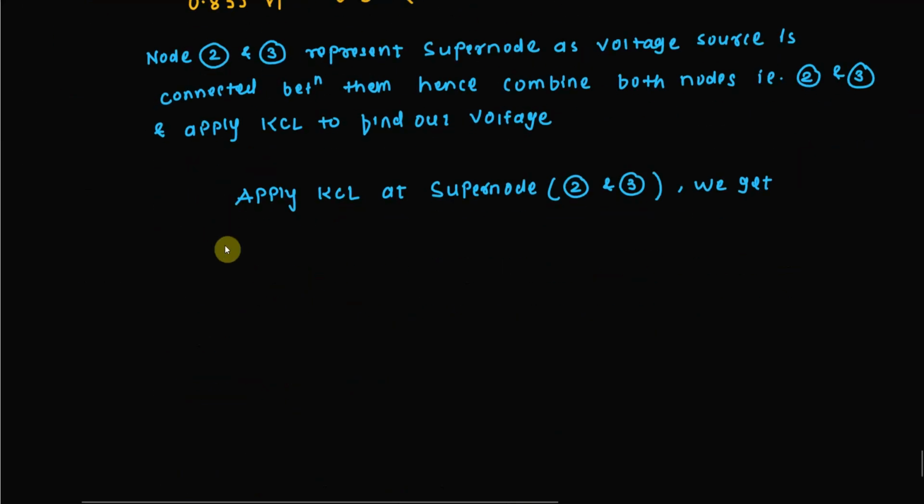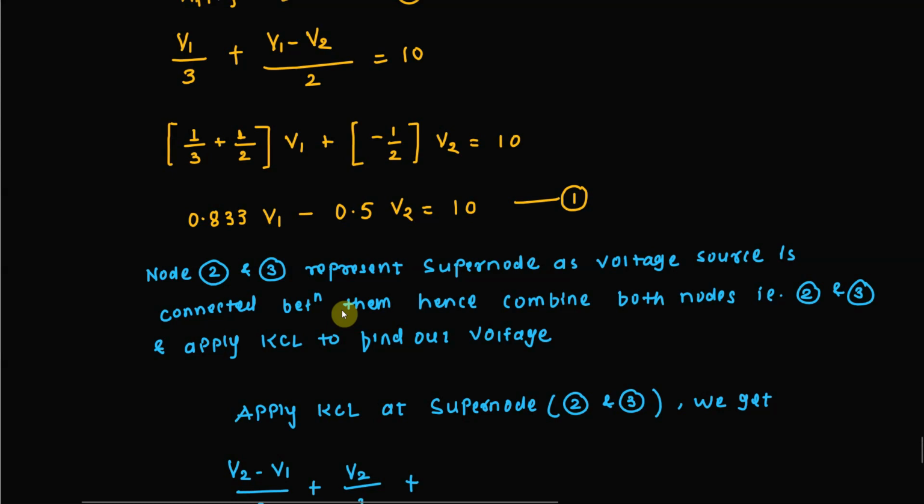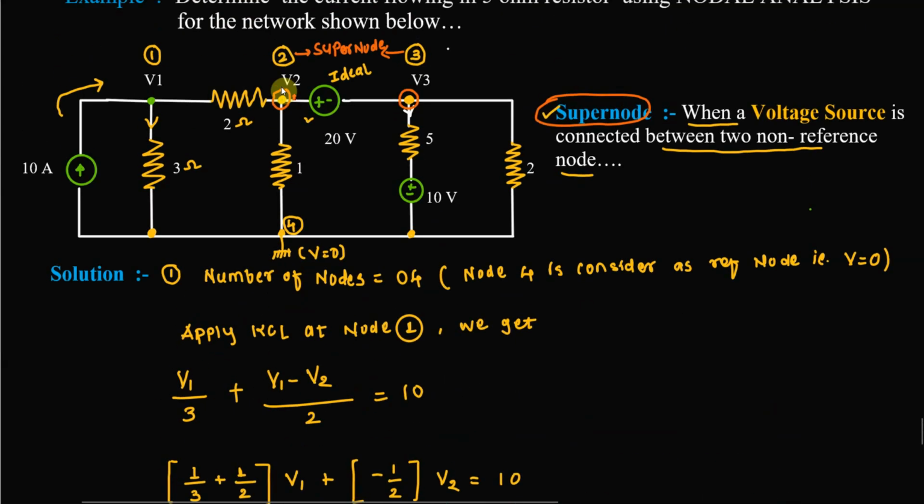So I will be writing here V2 minus V1 by 2, and the second one is V2 divided by 1. Fine. Okay. So V2 minus V1 by 2, V2 by 1, and there is no current source. So now write at this point.